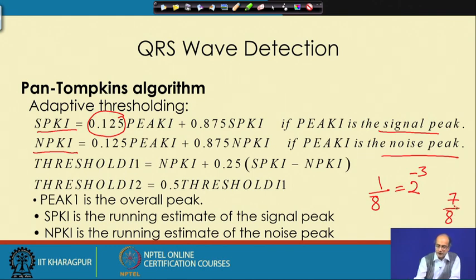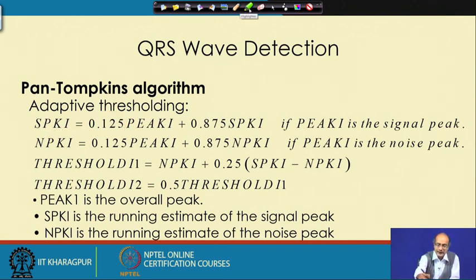So, the previous value is multiplied by 7 and then 3 right shifts are applied. So, 1/8 part of the new peak is taken and used to modify both the signal peak and the noise peak estimates.